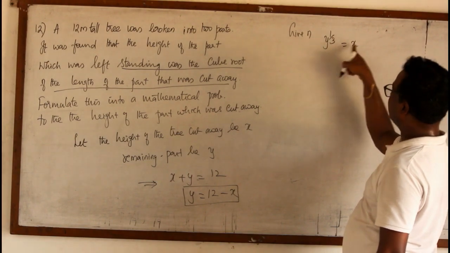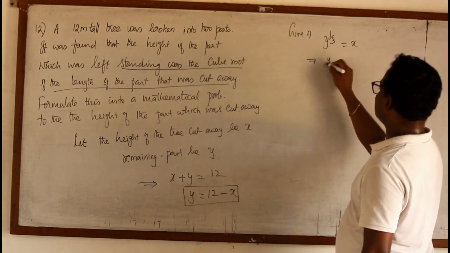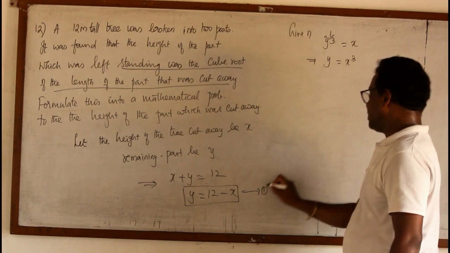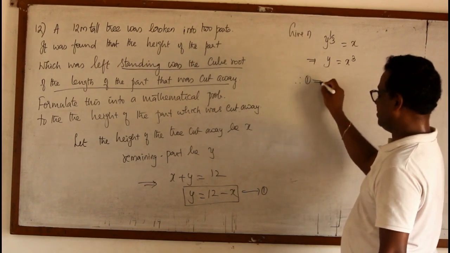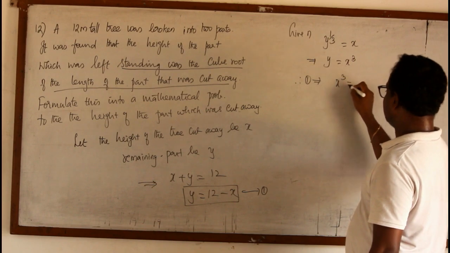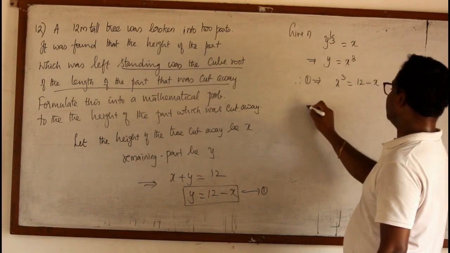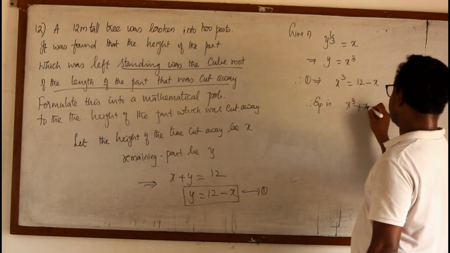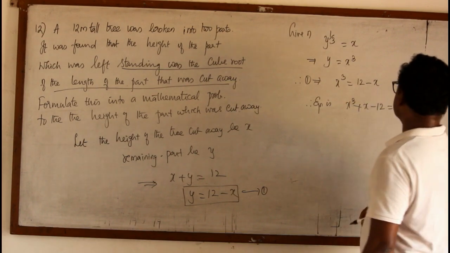Therefore y power of 3 is x. Then this implies y equal to x cube. So when I substitute in 1, it becomes x cube equal to 12 minus x. Therefore the equation is x cube plus x minus 12 equal to 0.